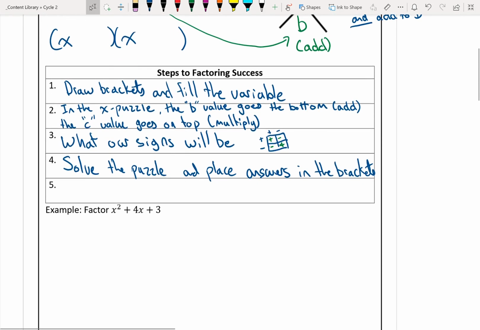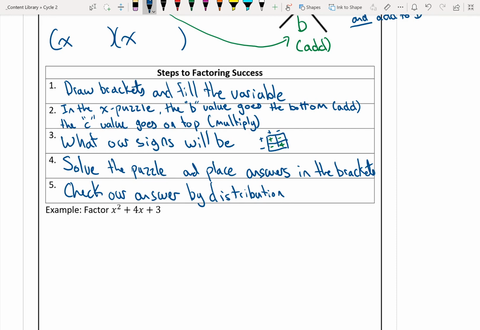And then finally, we can check our answer by distributing, which is what we did in our last note. By distribution, or expanding, or multiplying, or a box method.